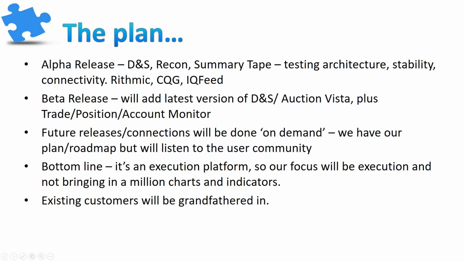Generally speaking, though, we're going to prioritize functionality related to execution, both in terms of trade confirmation through order flow visibility, but also execution features that are not currently available in any platform, because we think we can see a need for a lot more sophistication in the way that we enter orders. Now, unfortunately, this is a competitive business, so I can't really tell you the details of those different kinds of orders because somebody will probably implement them before we do.